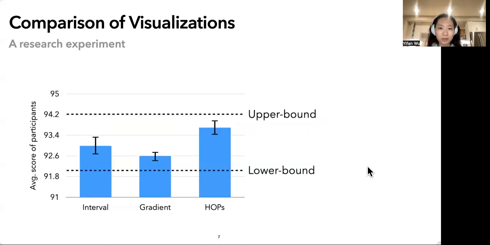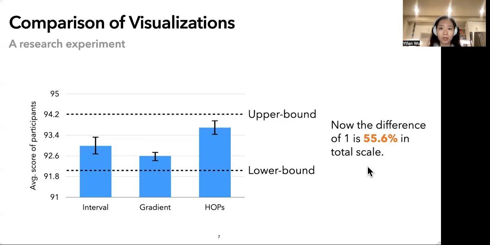But this is the actual situation in this experiment. In this experiment, the upper bound for performance is around 94, and the lower bound is around 92. So in this case, the difference seems very important because this difference of 1 is 50% in total scale. That is saying just by using the HOP visualization strategy, this can help participants gain 50% more of the total scale possible.